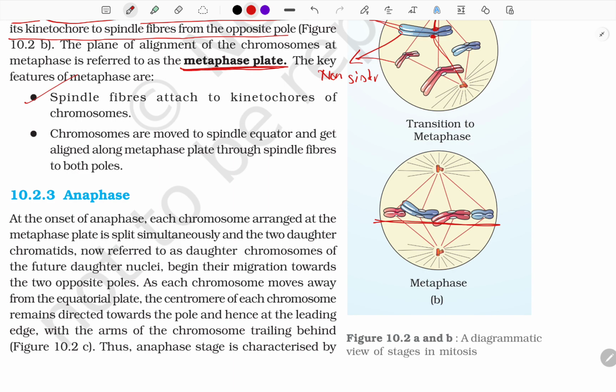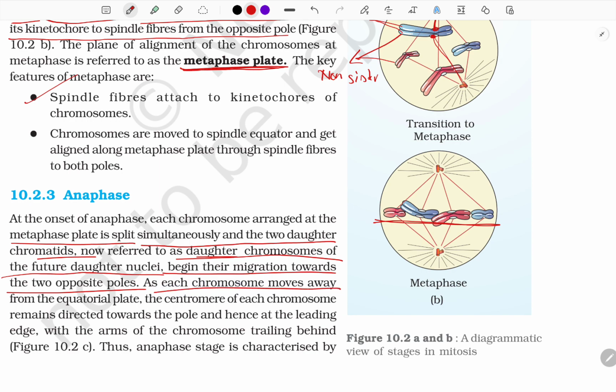At the onset of anaphase, each chromosome arranged at the metaphase plate is split simultaneously, and the two daughter chromatids, now referred to as daughter chromosomes of the future daughter nuclei, begin their migration towards the two opposite poles.